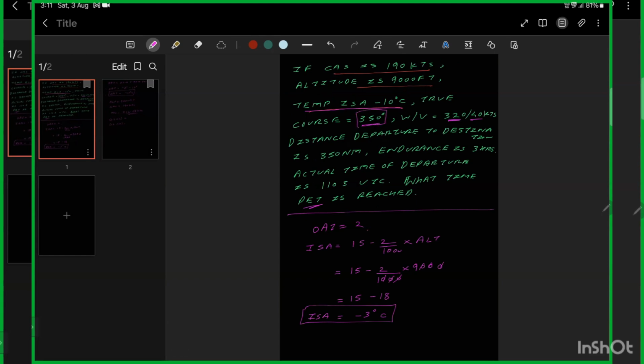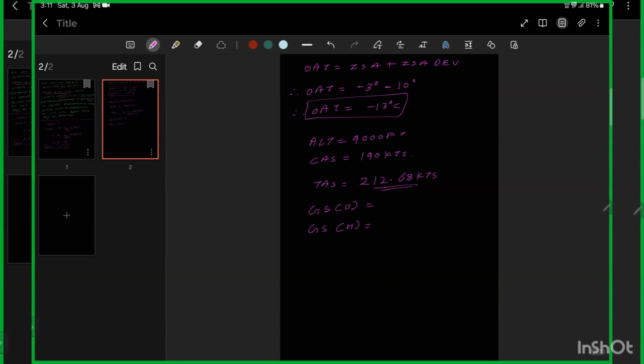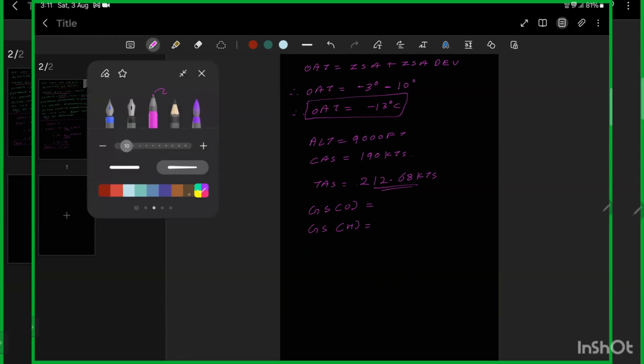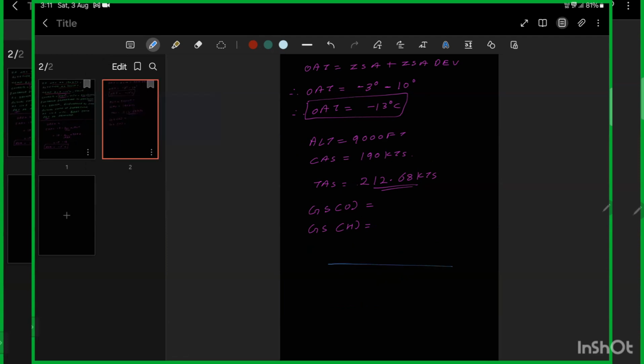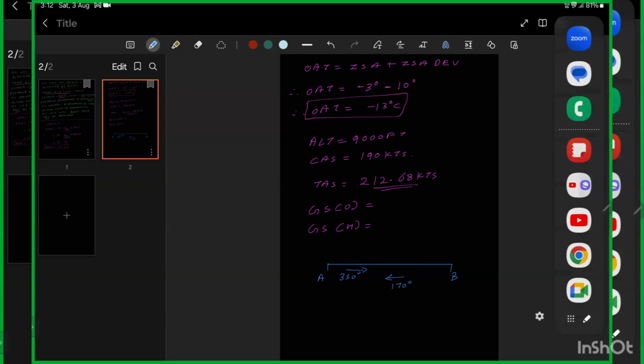So if you're going from point A to B, outbound track is 350 degrees, which means inbound track will be what? What will be the reciprocal of 350? 170 degrees.